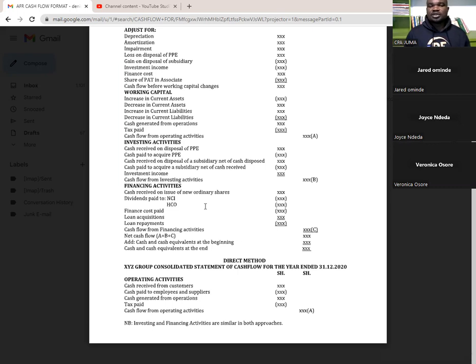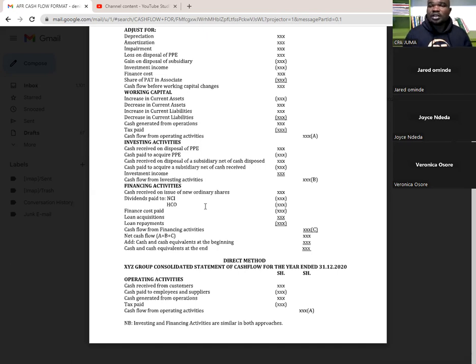Cash received on disposal of a subsidiary is a plus. Cash paid to acquire a subsidiary is a cash outflow. Investment income, now you add it here. Remember, we subtracted it on operations because it is not an operating income, but we add it under investing. You get that one there.